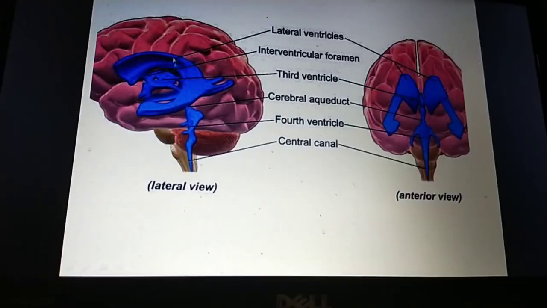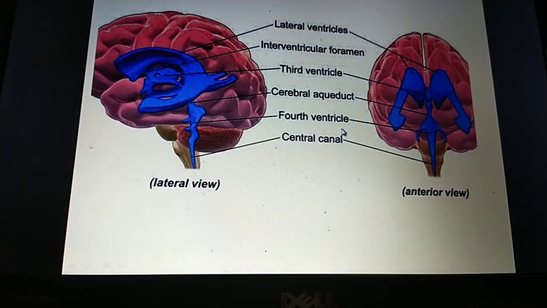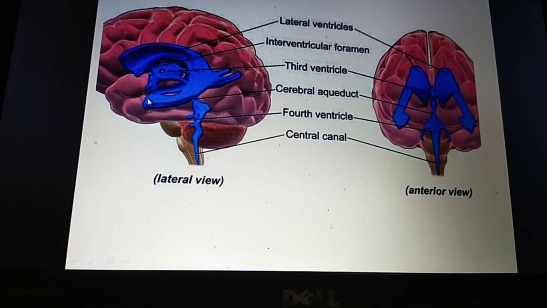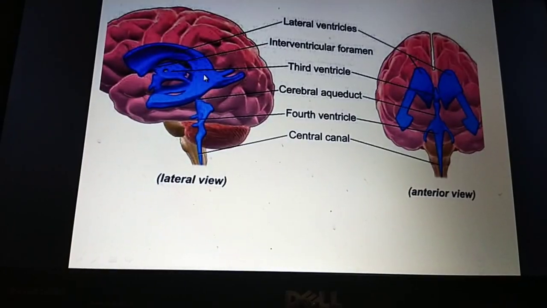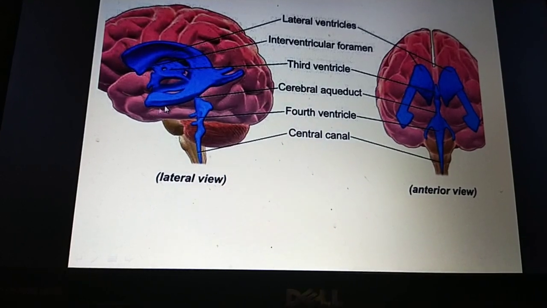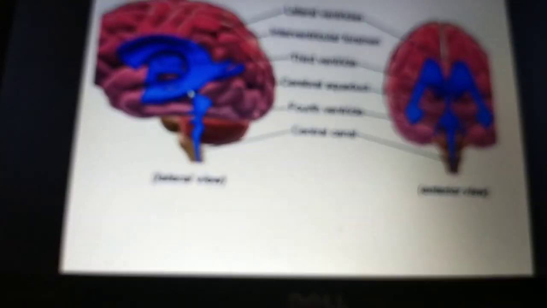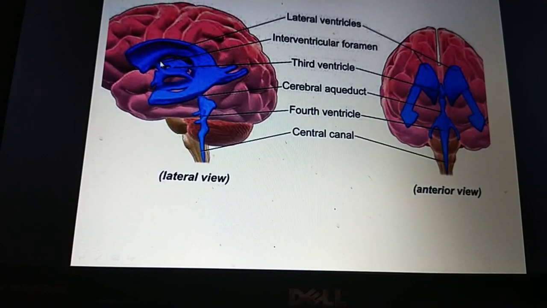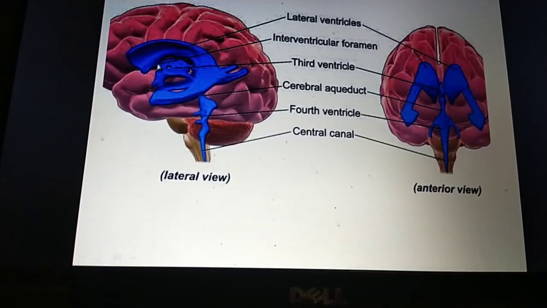You have already seen it like this. This is the lateral view and this is the anterior view. You can see these are the lateral ventricles. This is the anterior horn, this is the body, this is the posterior horn, and this is the inferior horn of the lateral ventricles. This is the third ventricle, and the lateral ventricle connects to the third ventricle by the interventricular foramen here.